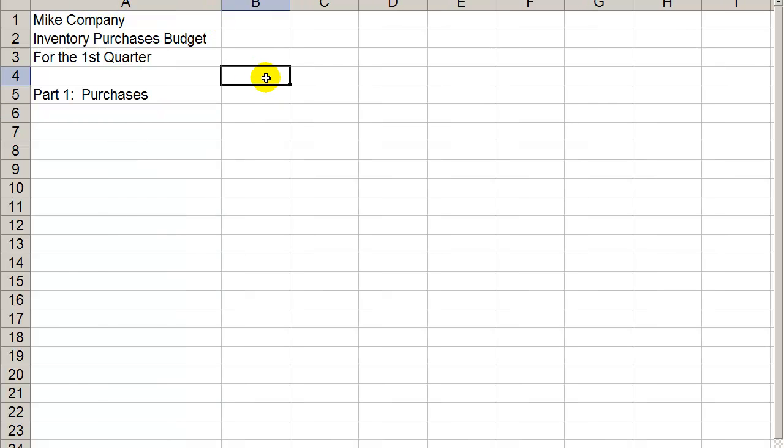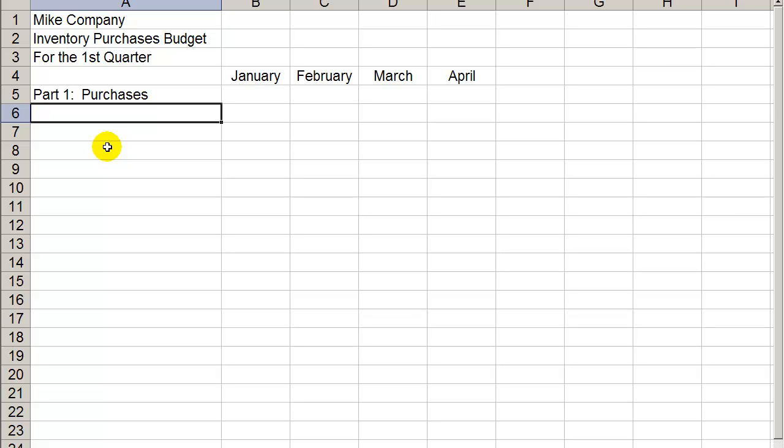We're going to do this for the first quarter, so it's for January, February, and March. We need April for a specific reason, which we'll get to in a second.